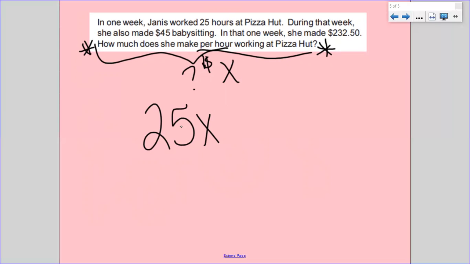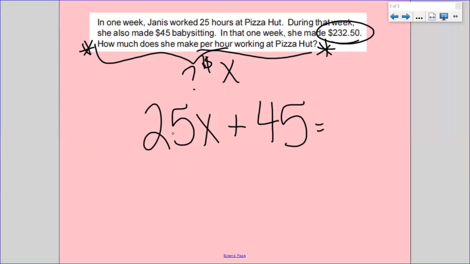We're also looking for a constant, something that happens by itself that doesn't change over time. So she did one time $45 for babysitting. So we know that that's not going to change. So that's my constant. So I'm going to add $45 because I'm looking at my total amount I got paid the whole week, right?